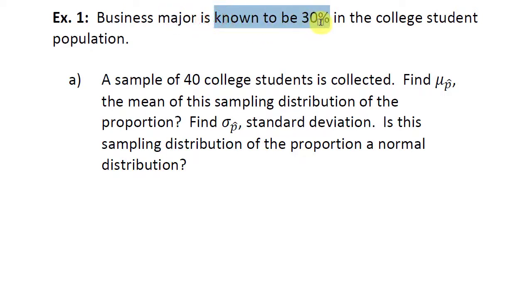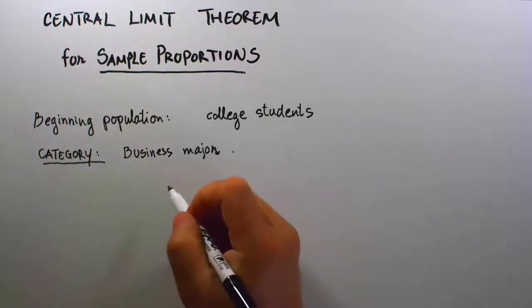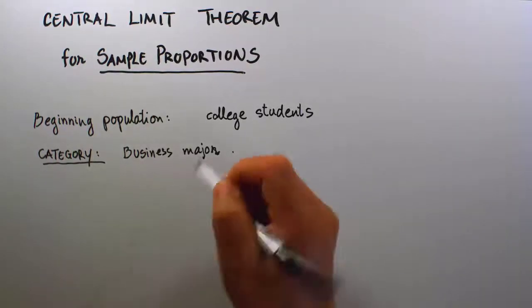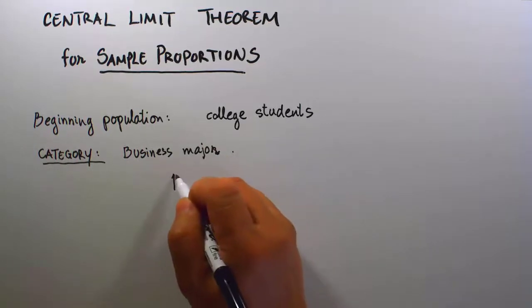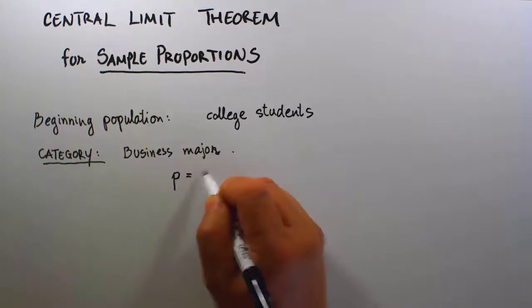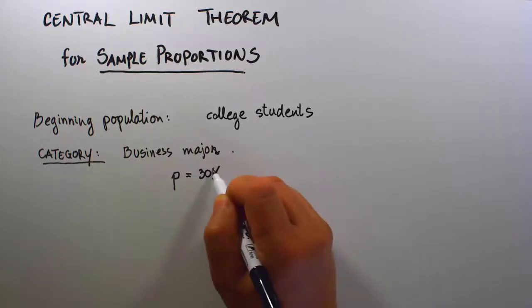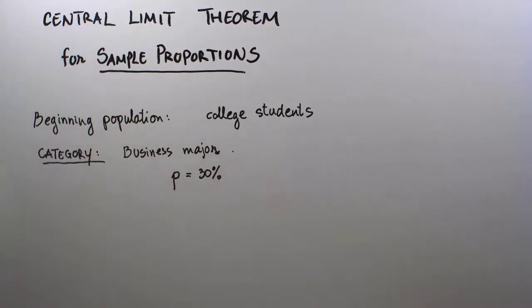So this 30% is currently in the problem expressed as a percentage, but this is indicating that what we have here is the proportion, and further this proportion appears directly as a description of this beginning population. So I now can say that what we have here for this business major is a population proportion, P equals 30. And so that's how I explain that we have a known population proportion.